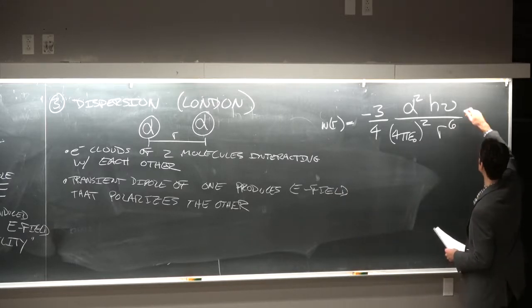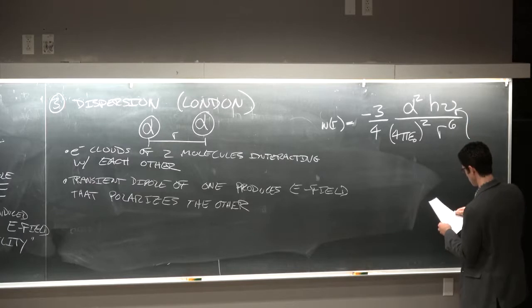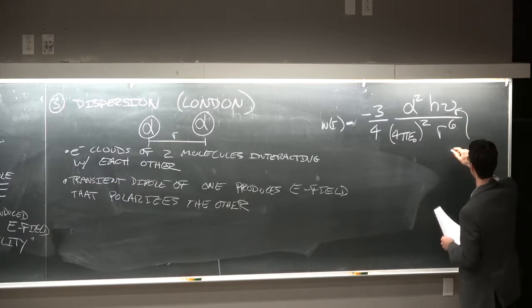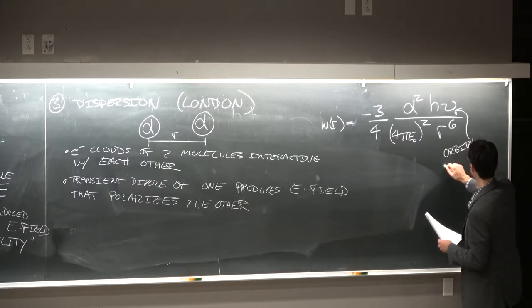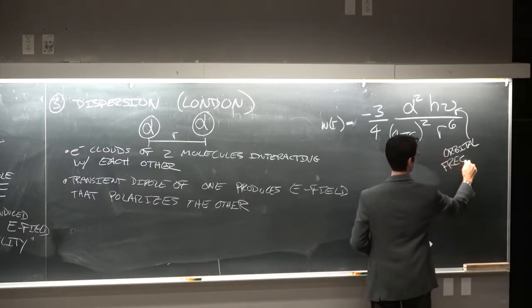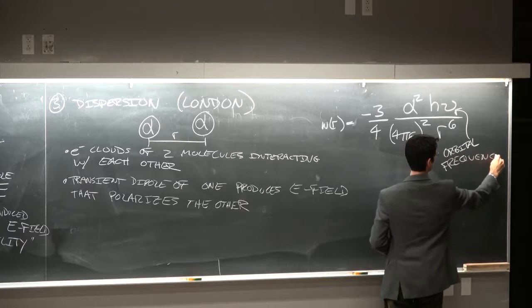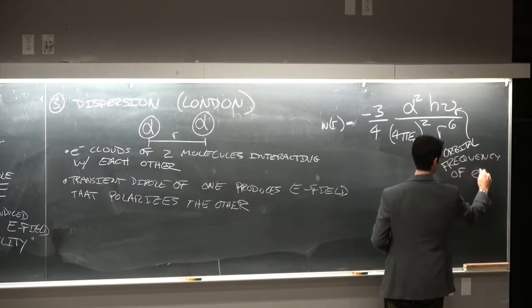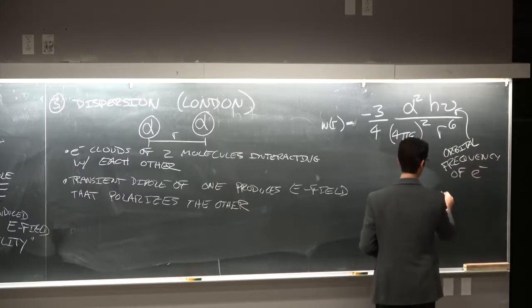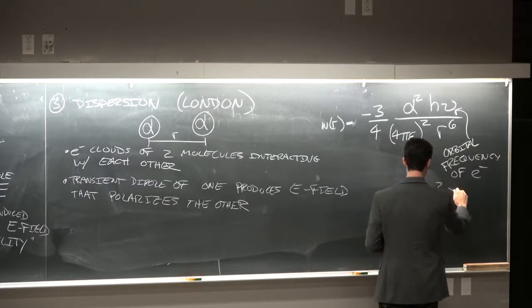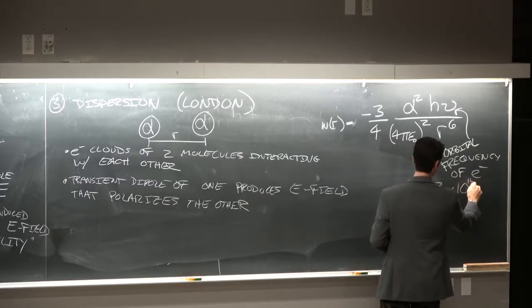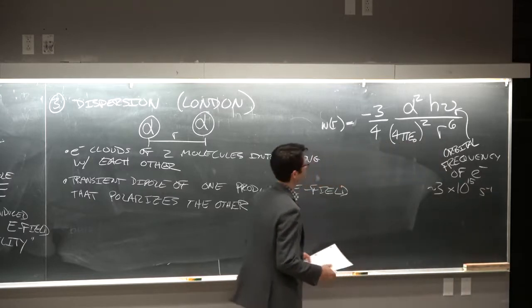So h is Planck's constant, and nu is the orbital frequency of the electron, somewhere around 3 times 10 to the 15 per second, or hertz.